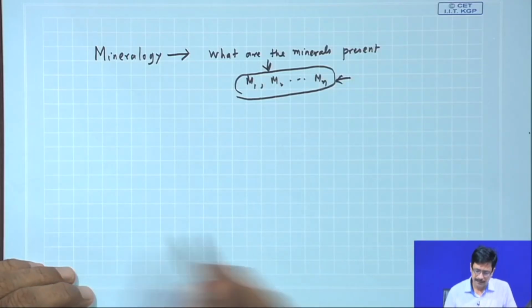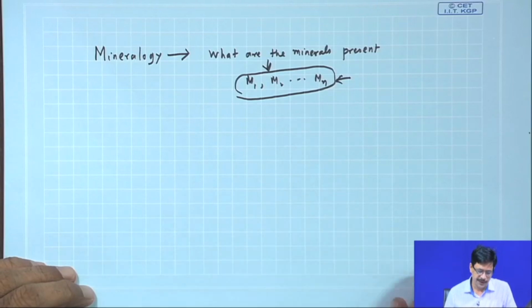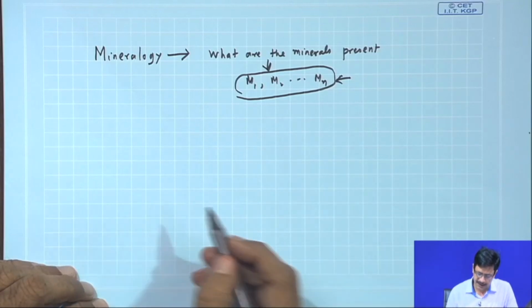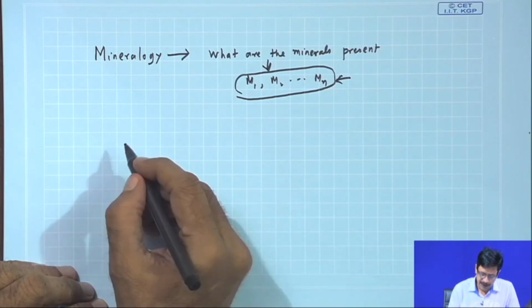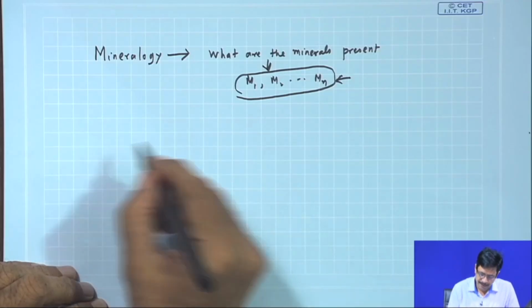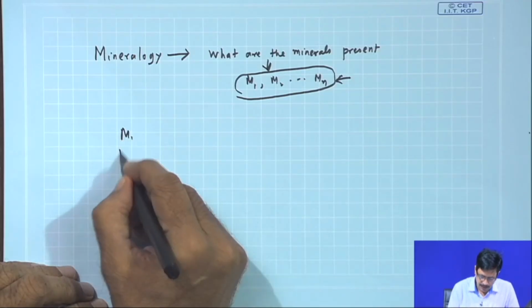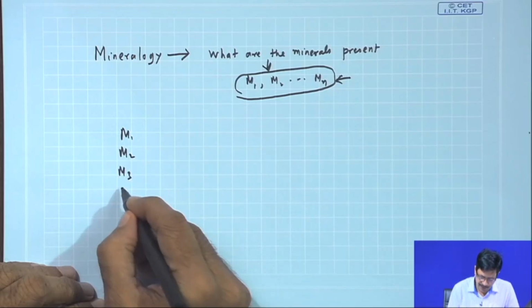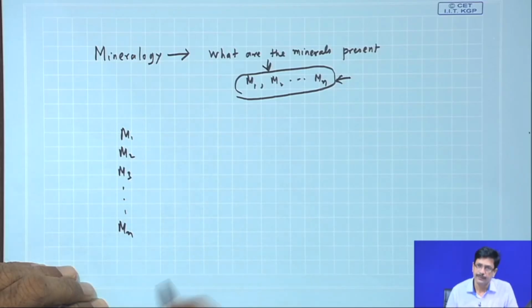Briefly, we can discuss this in greater detail later. Suppose there is an ore body where there are minerals M1, M2, M3 and so on up to Mn.